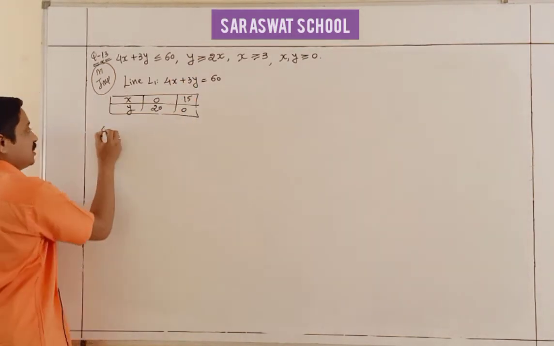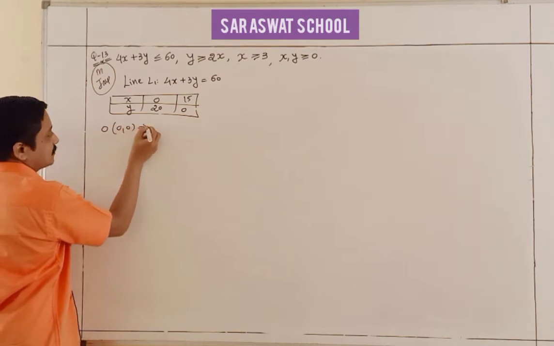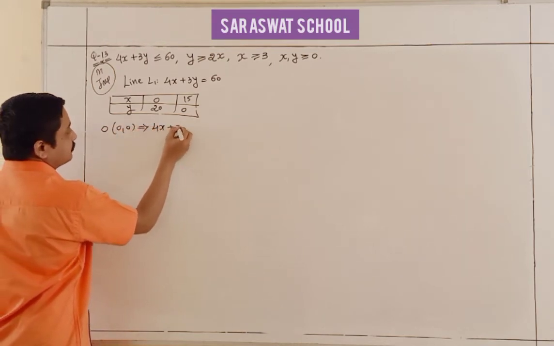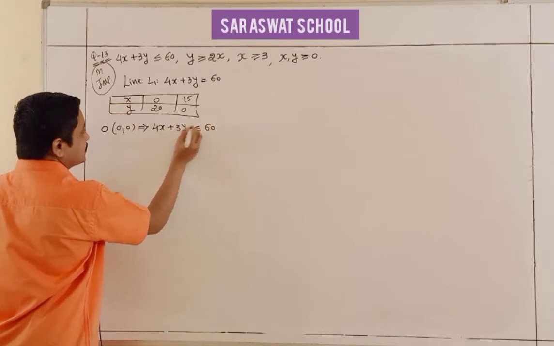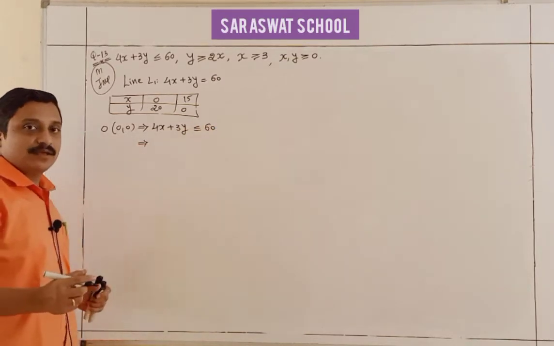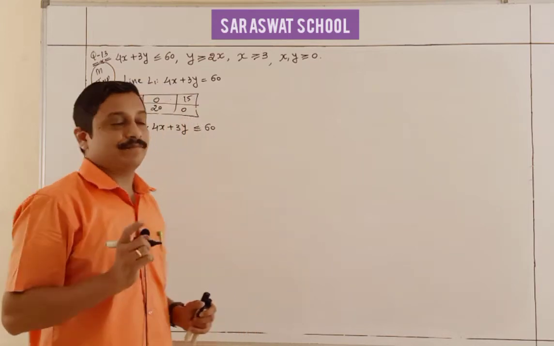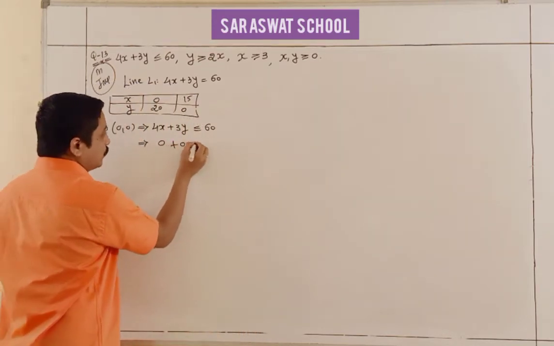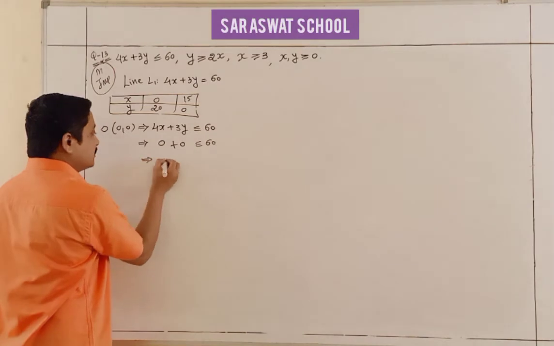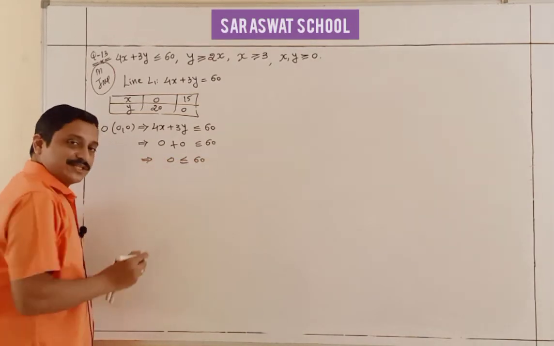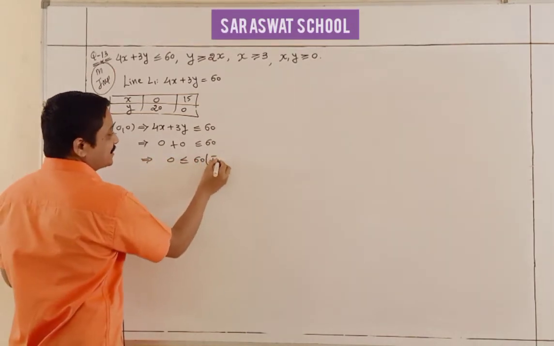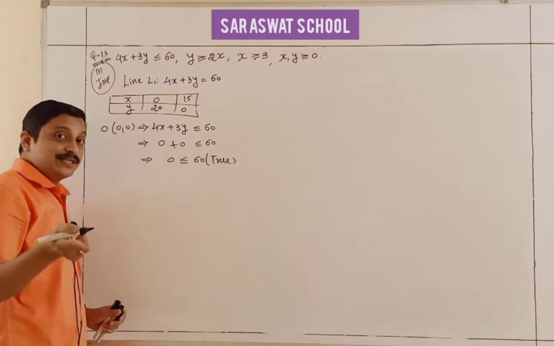And checking the origin side: 4x plus 3y less than 60. We just check whether your given inequality is satisfied by the origin or not. So here, students, 0 plus 0 less than 60. 0 is less than or equal to 60. Yes, it is true, because 0 is below 60.